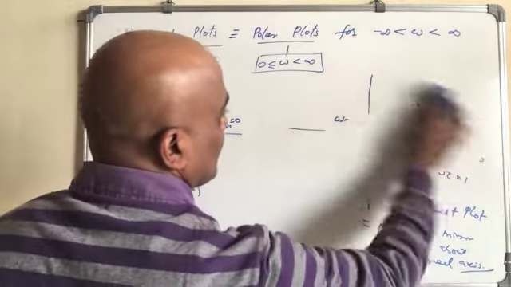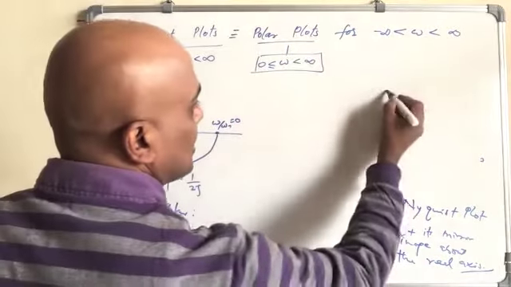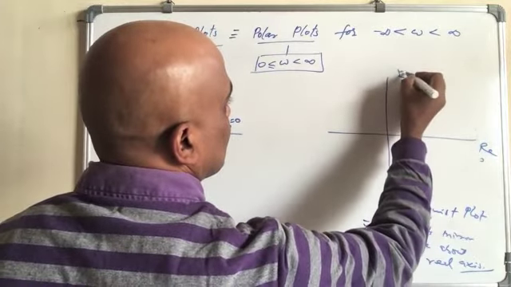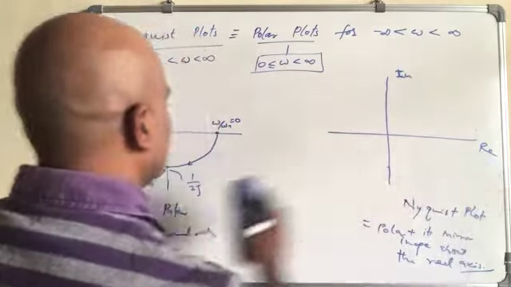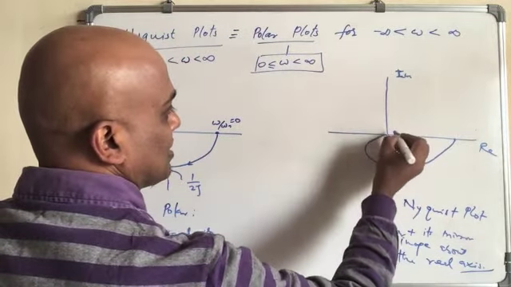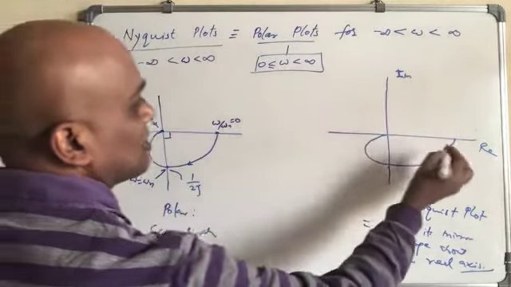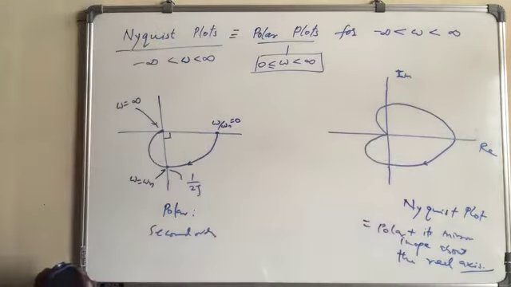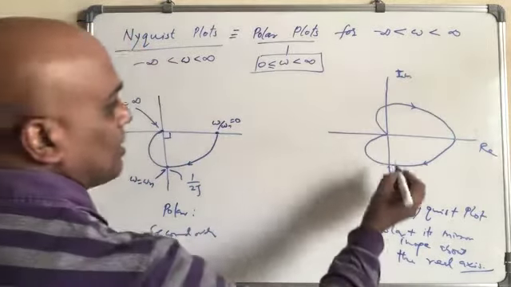So the Nyquist will be just we add the mirror image here. So this is real, this is imaginary, and we first draw exactly this one. From here it starts, let us say goes like this. Same thing we have done, and then the mirror image of that. So from here to here it goes like this, and then it will go like this as well, with the same values.